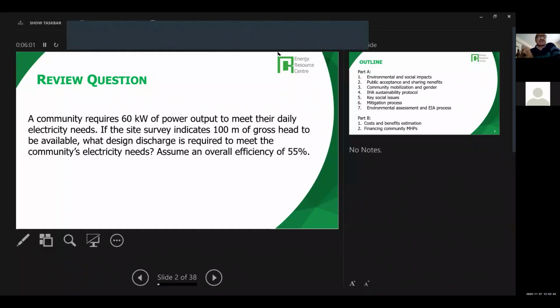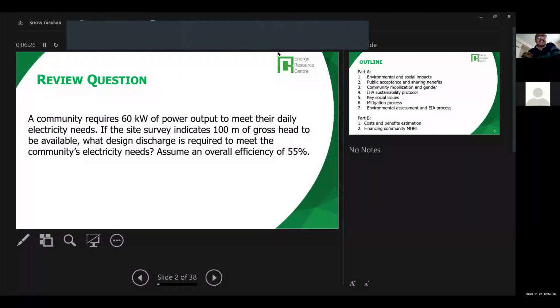Basically, we are talking of a very micro level hydropower project study or planning. We are saying a community has, let's say, 60 kilowatt of power output to meet their daily electricity needs. It's a very small community, and they need just 60 kilowatt peak power.